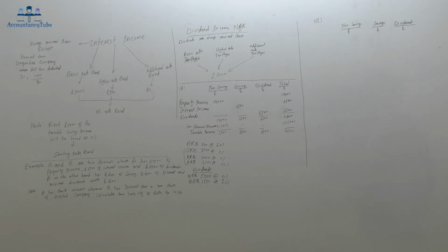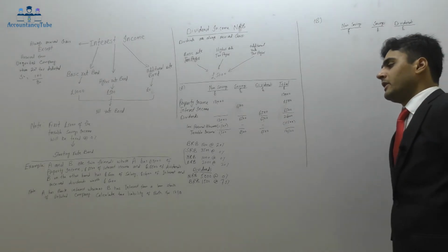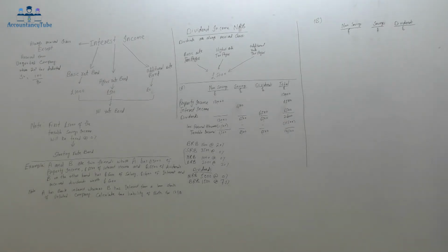So 3,500 at the rate of 0%. That is our starting rate band. Then the nil rate band will also be available because it falls within the basic rate band. So 1,000 at the rate of 0%, and the remaining £2,000 at the rate of 20%, which makes the three of it, £3,500 plus 1,000 plus 2,000. This total is £6,500, which is the savings income.